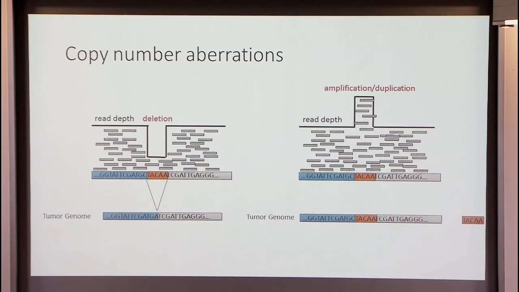The cartoon here shows that if you delete this segment, which would generally be larger, not just a few nucleotides, so think of this as a larger region, then we'll see a drop in read depth. There are fewer reads, or no reads if this region is completely deleted from the tumor on all chromosomal copies.